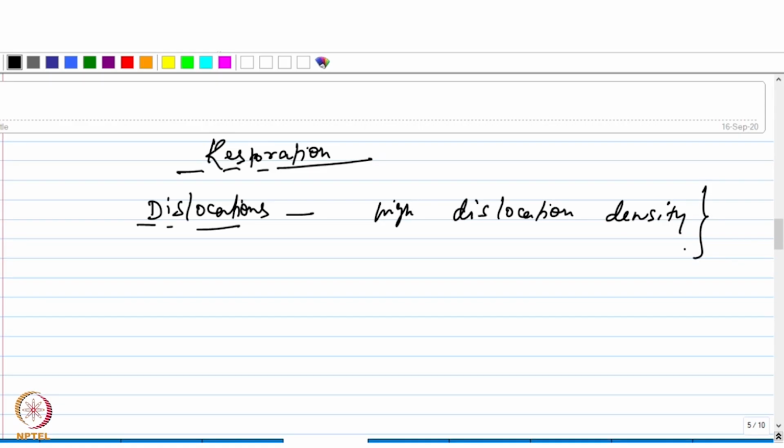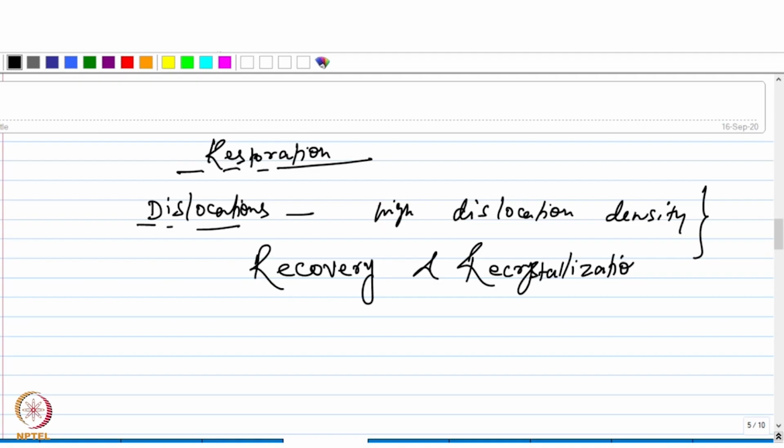Okay. And there is a particular mechanism through which it can occur. And that is what we are going to discuss right now and try to understand how exactly that happens. The process goes by the name recovery and recrystallization. Recovery is basically the early part of recrystallization.